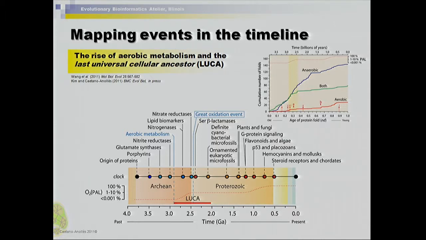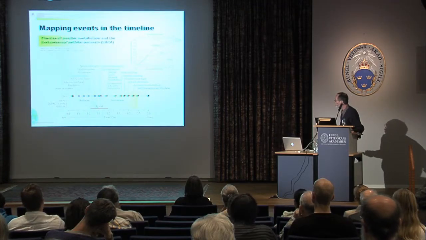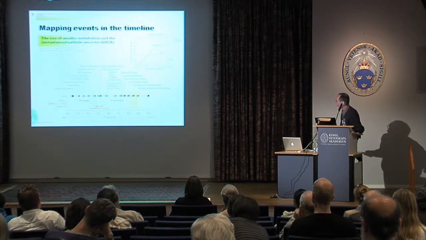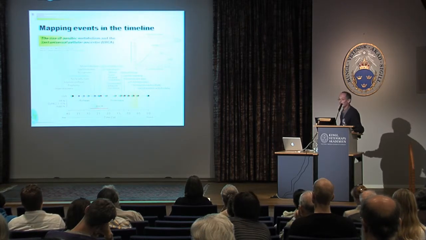And we also studied the makeup of the last universal common ancestor by studying the minimum repertoire that these trees unfolded that was common to all life. And we find out that LUCA appeared during the time of that great oxygenation.